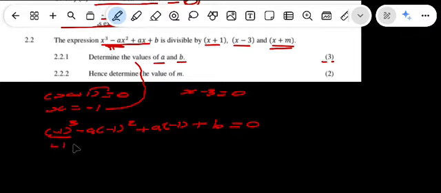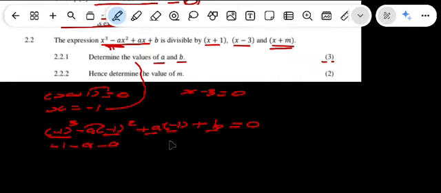We have here minus, you multiply. This will be positive when you square that. So this will be negative a. Then we have this positive a multiplied by -1. There will be negative a, as you can see.